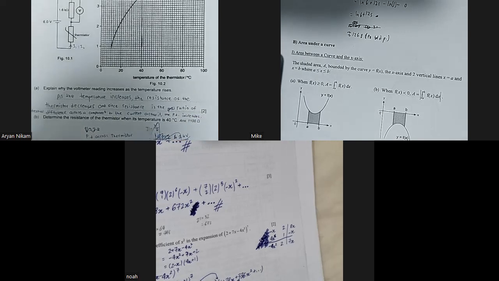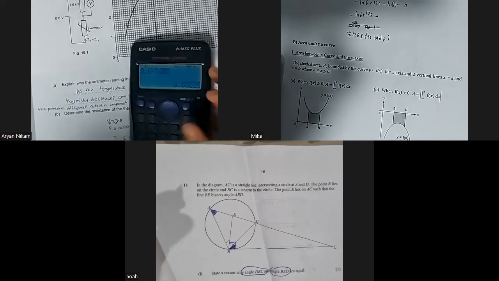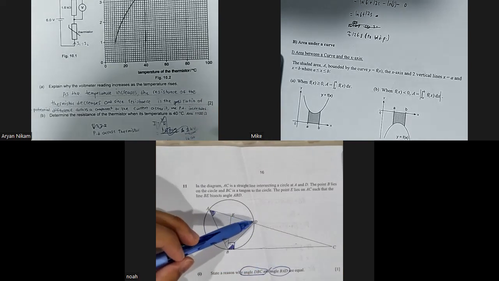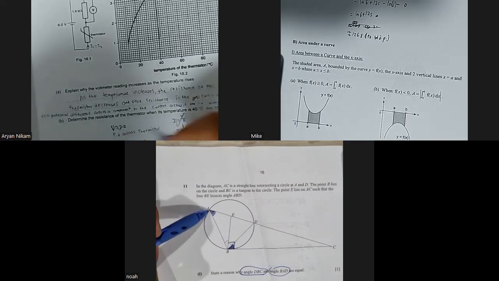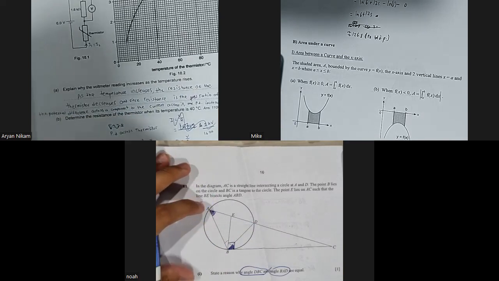So look at the Jamboard. Okay, still on the same page. This is very easy. This is the curve I have, it's given, and this is the x-axis.